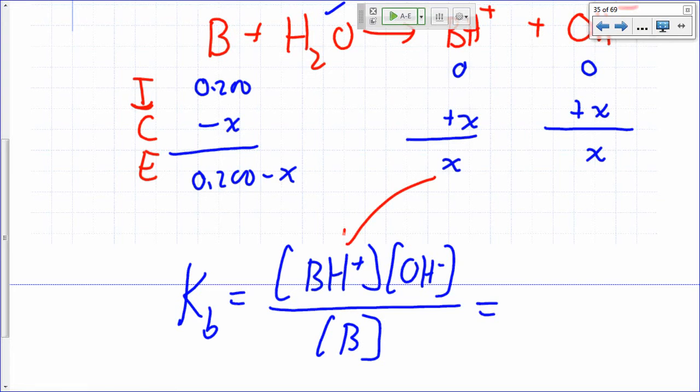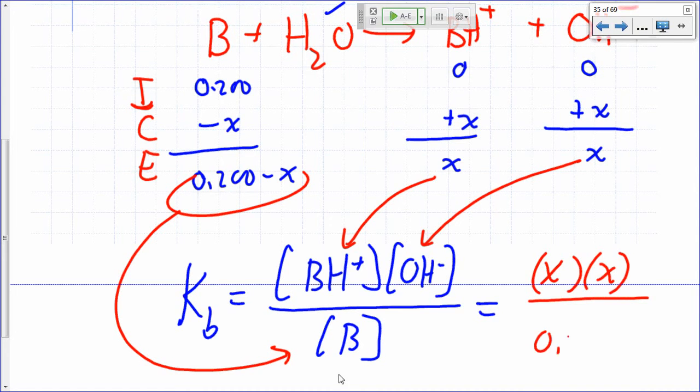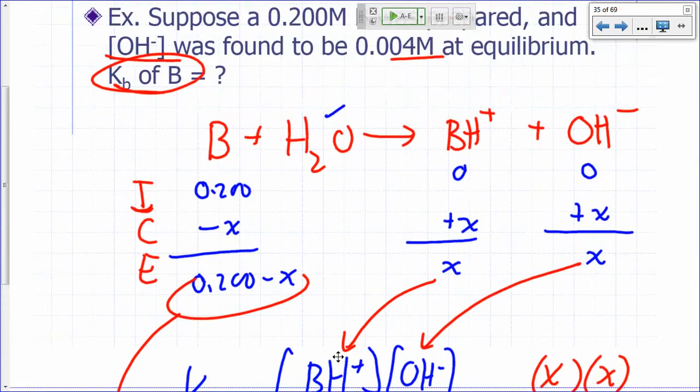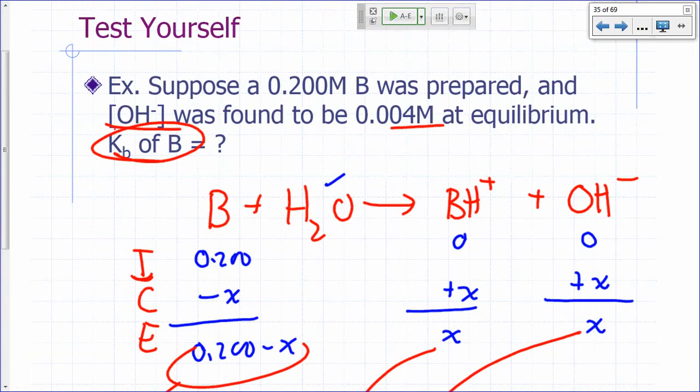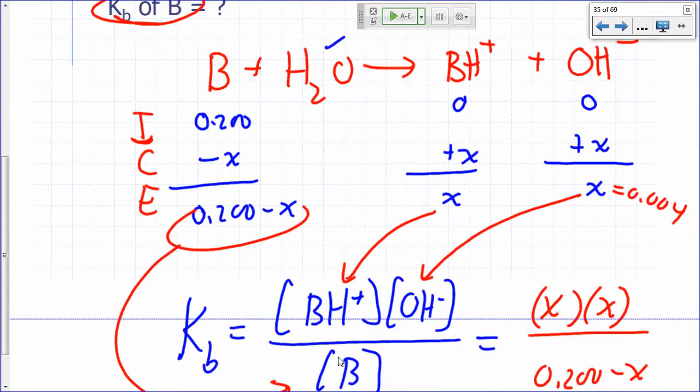So BH plus is X, hydroxide is X, and B is 0.2 minus X. So this is going to be X times X over 0.200 minus X, and I just have to plug it in. What is X? It says here hydroxide was found to be 0.004 at equilibrium. So you just plug in X equals 0.004.